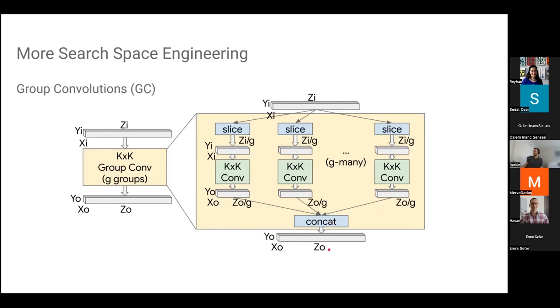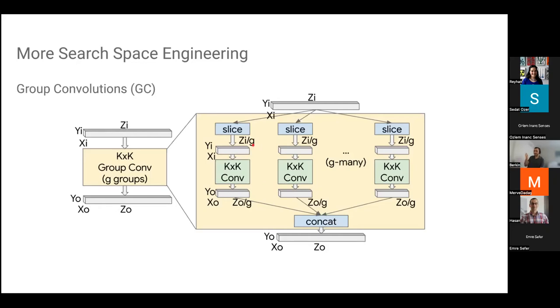So it turns out that this group convolution has relatively fewer parameters, and it can be much faster compared to full convolution. But it has more trainable parameters compared to a depth-wise separable convolution. So it's kind of a middle ground between depth-wise and the full convolution. It is a great tool for AutoML because you can change the group size.